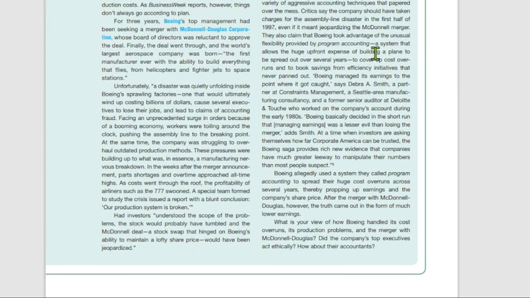Si Boeing meron siyang inintroduce na accounting system that is program accounting. Na ang sinasabi diyan sa program accounting na yan ay yung cost na na-incur mo per particular product ay ini-spread out over a long number of years.